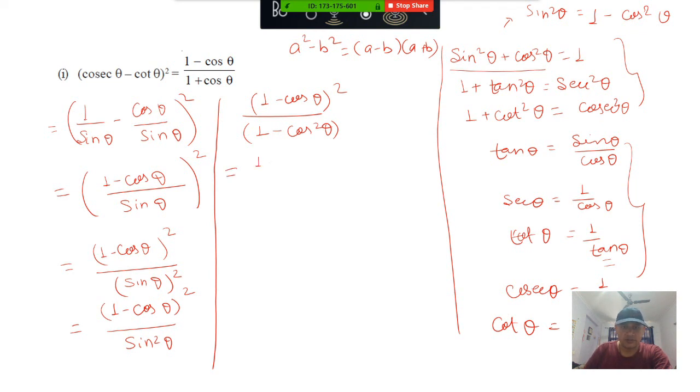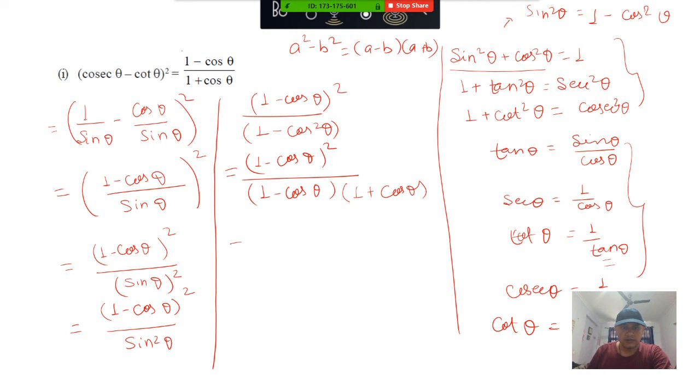So the question becomes 1 minus cos theta whole square upon 1 minus cos theta into 1 plus cos theta. Clear?